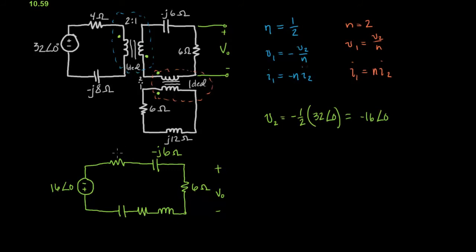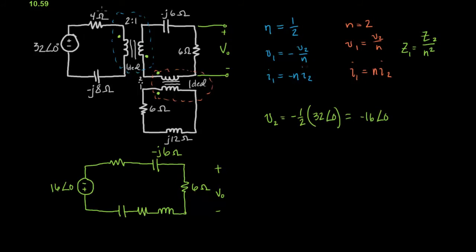So instead of putting the negative sign, I just flipped the battery. Okay, the resistor, I use my general equation here, which is that Z1 equals Z2 over n squared. And so I want to find Z2, so it's going to be Z1 n squared.